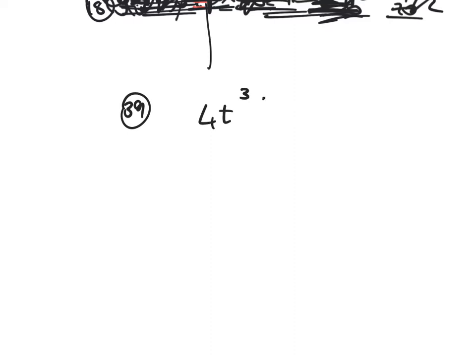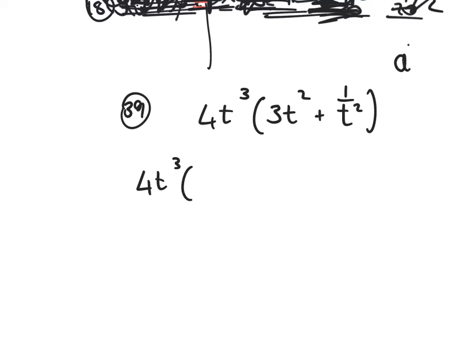Okay, example 39. 4t cubed bracket 3t squared plus 1 over t squared. Okay, so let's first of all use this rule to tidy this up. So I can now write that as 4t cubed bracket 3t squared plus, well, 1 over t squared can be written as t to the minus 2.